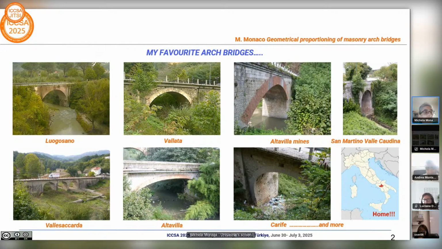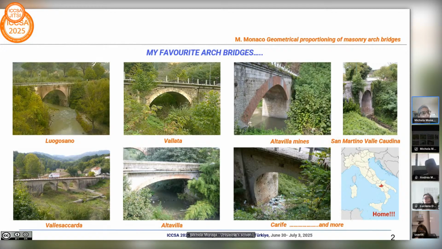Here is a small catalog of masonry arch bridges from my homeland. I have chosen all of these because they are actually in service, as you can see from the bottom left image, in which there is a truck going across the bridge. In a very small province like Avellino, you will see the red part of Italy in the bottom right image.